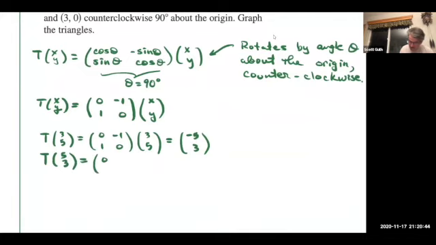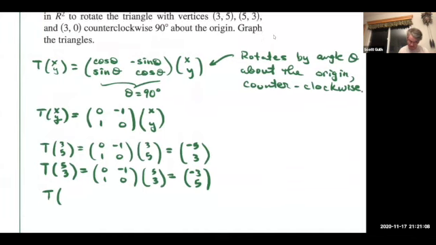Same matrix. 0 plus negative 1 times 3 is negative 3, and then 5 plus 0. And then the last point, T of (3, 0). So here we're going to get 0 plus 0 is 0, and 3 plus 0 is 3.